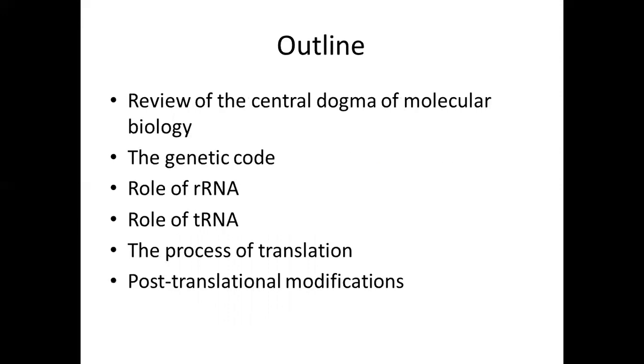So the outline for our lesson will have a review of the central dogma of molecular biology. We are going to look at the genetic code, and we're going to look at the role of RNA, and then we are going to look at the role of tRNA. Then we're going to dive into the process of translation, and then we're going to finally look at post-translational modifications and their importance.